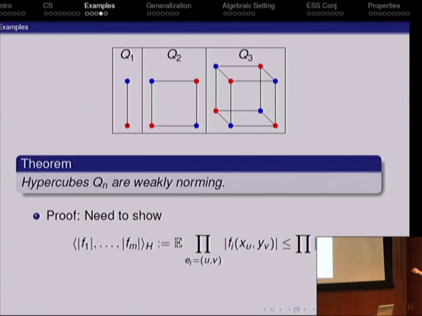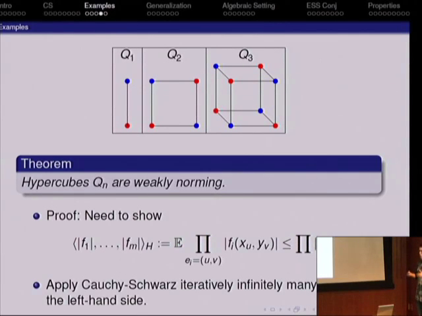So how do we prove that something like this is norming? We want to show that this dot product, the Cauchy-Schwarz type inequality, is bounded above by the product of the norms. This is just the expected value. So what we're going to do is take this expected value, fix some variables, apply Cauchy-Schwarz, fix some other variables, apply Cauchy-Schwarz again, and we'll never actually get the right-hand side, but we will converge to the right-hand side.